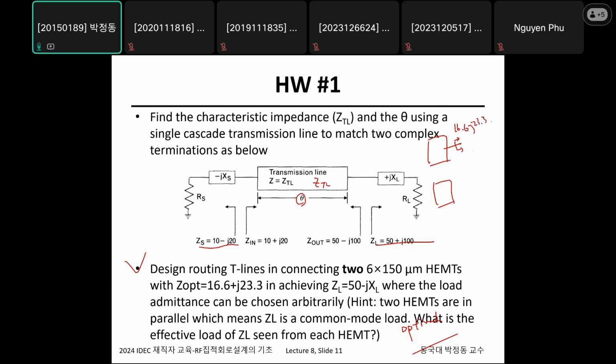And another thing that you need to be very careful about is that you implement this using a termination. I mean the port network, port, right?